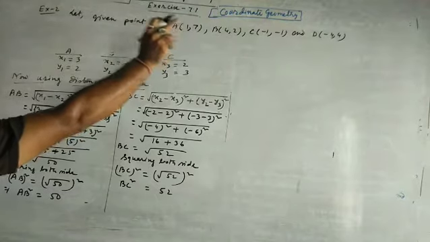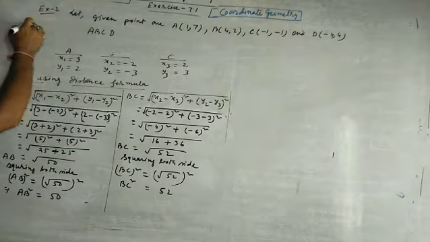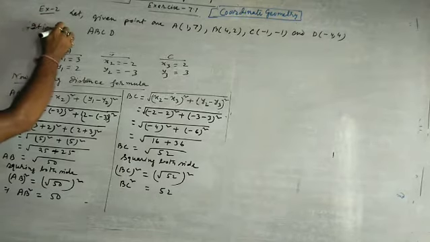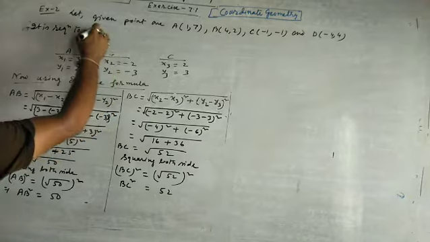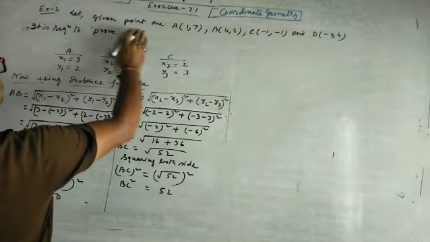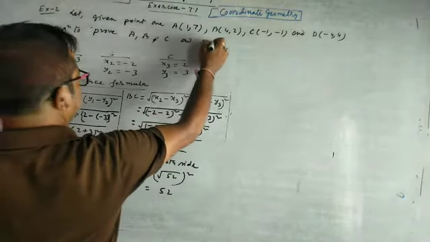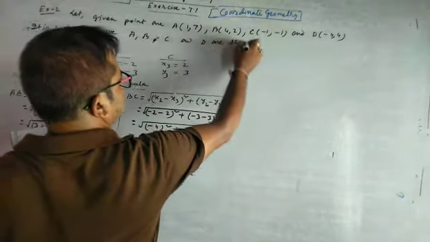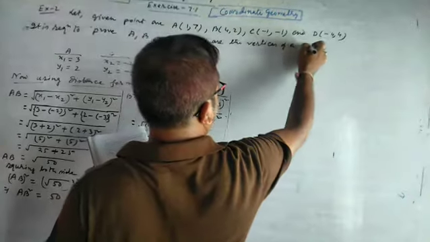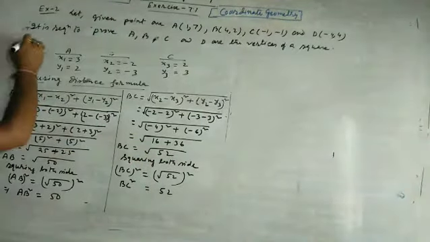Given points, we will show that A, B, C, D. It is required to prove A, B, C and D are the vertices of a square.